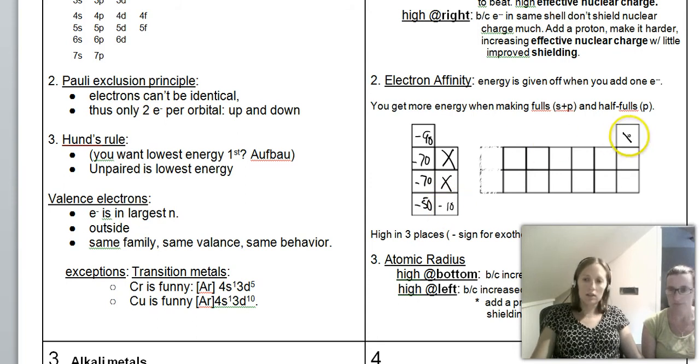These guys, the noble gases, also do not exothermically receive an electron, but boy, let me tell you, the halogens sure do. And these guys do to some extent. Nitrogen doesn't care for it much, but this one will take it if you make him.